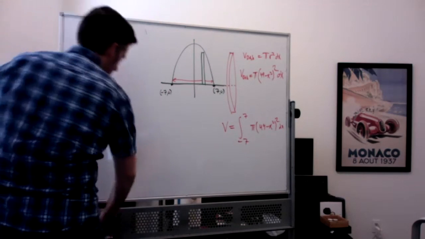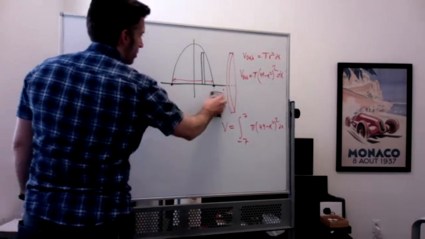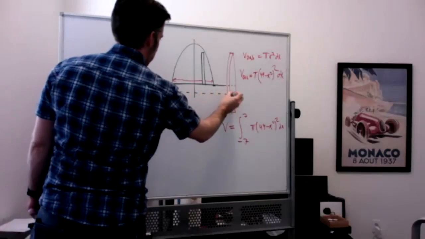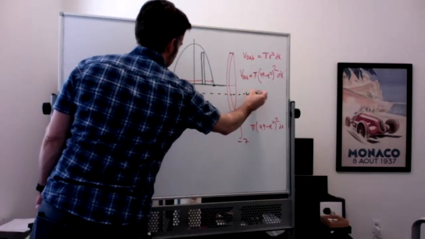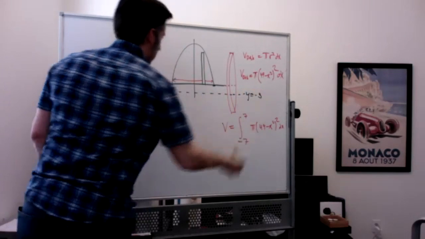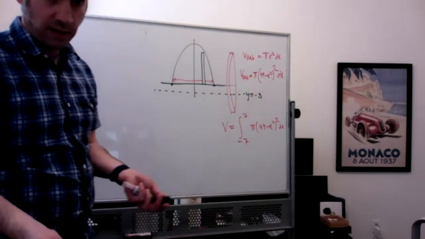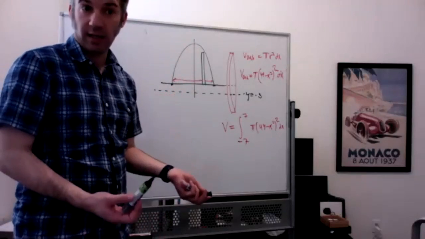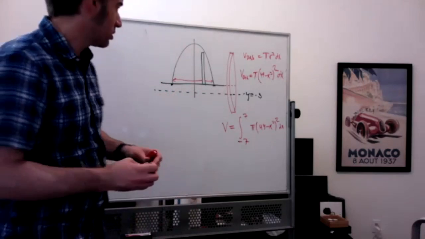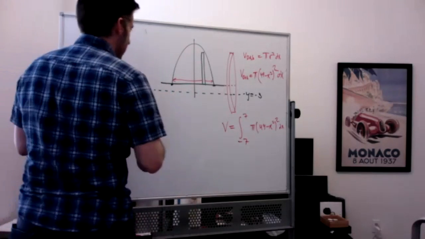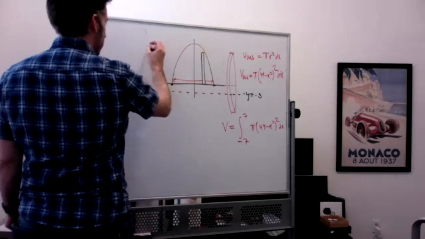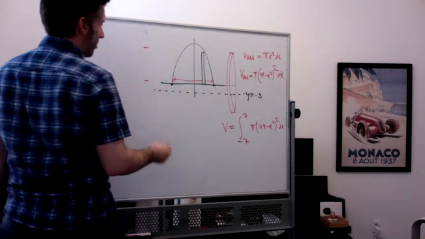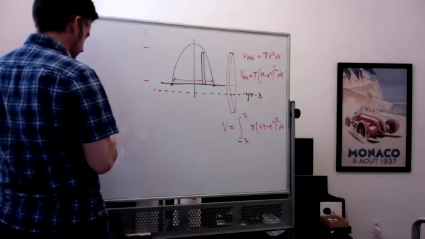So if we're going to go now around y equals -3, we can no longer use the disk method because our region is no longer flush with the axis of rotation. So what we're still thinking about is taking this strip and revolving it around this axis.